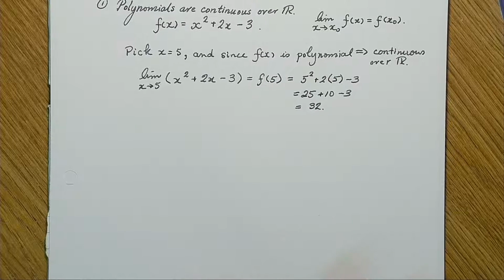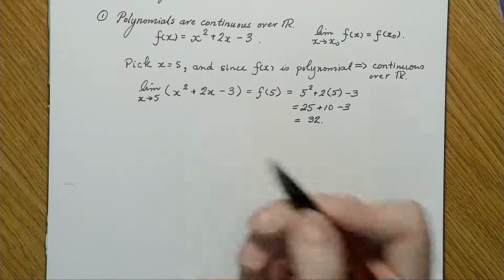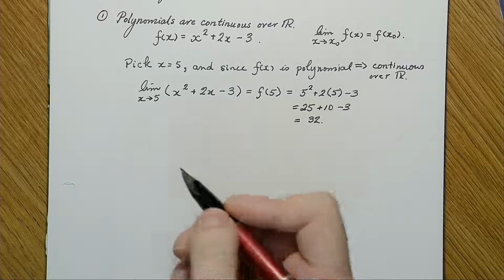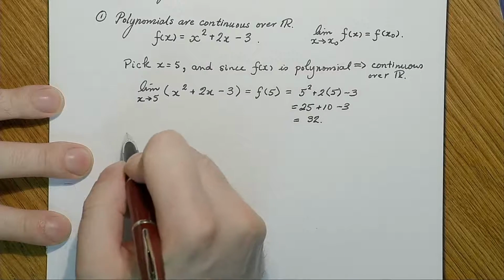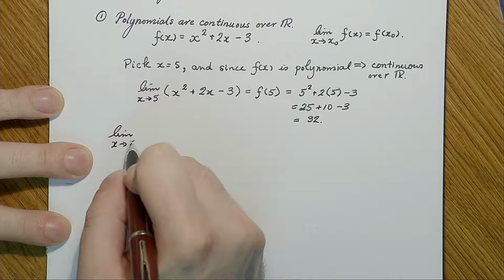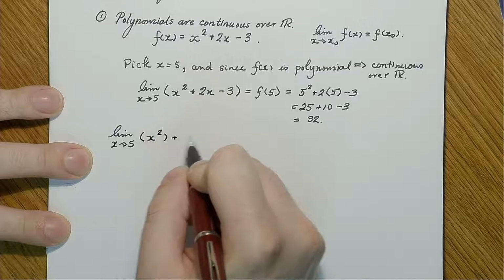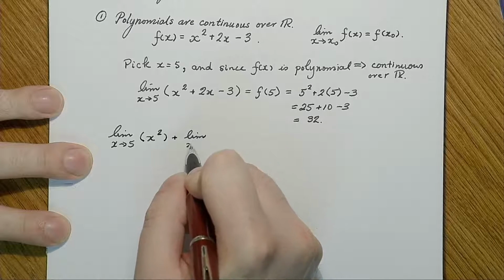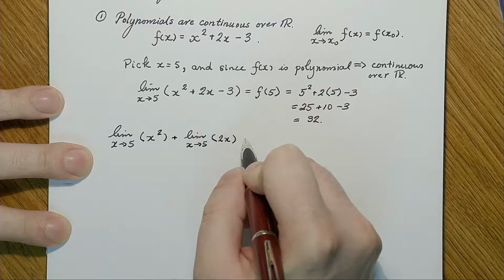Is everyone okay with what I've done there so far? It's a continuous function. And we could also apply those same rules that we had previously learned, for example, using our sum rule.